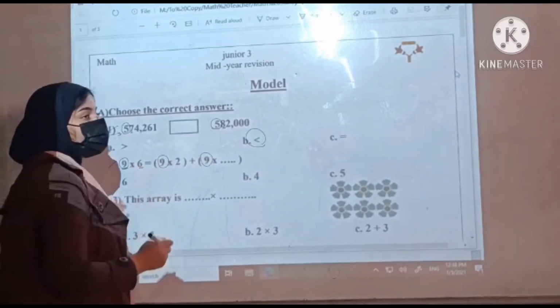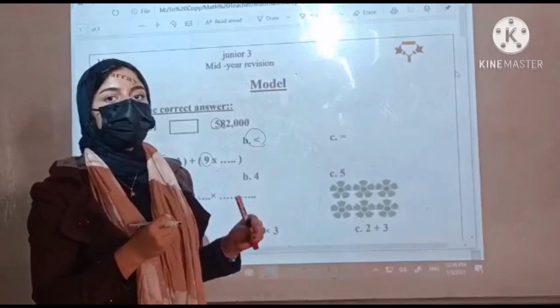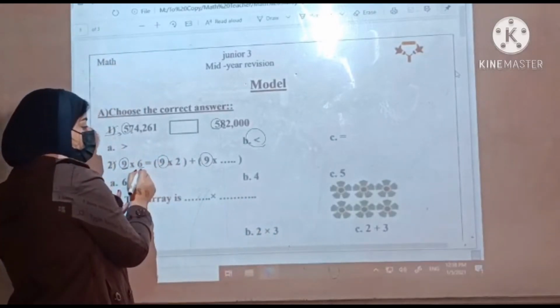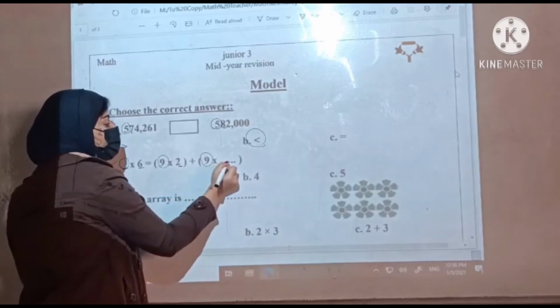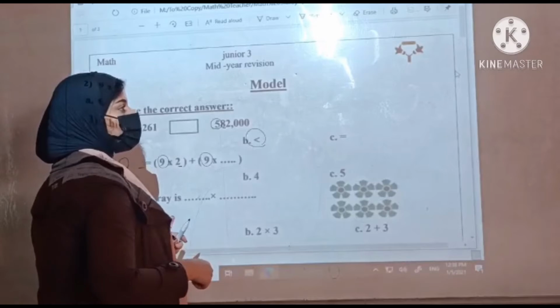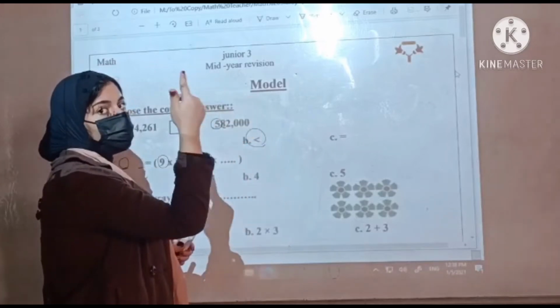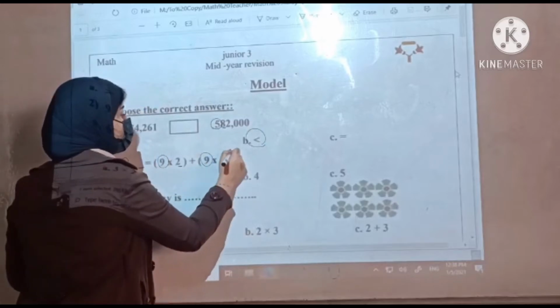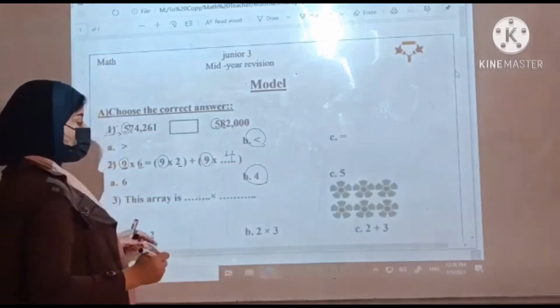So the second number here 6. What about this 6? I make what? I break it. Excellent. So I break this 6 to be 2 and what? So I'm going to count after 2 to reach 6. After 2, 3, 4, 5, 6. How many? 4. So the answer will be 4.